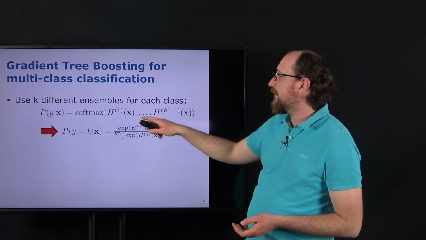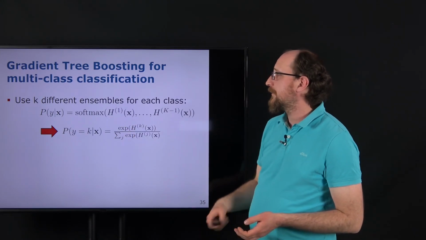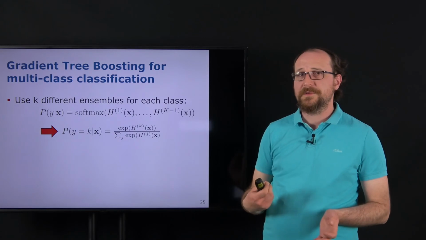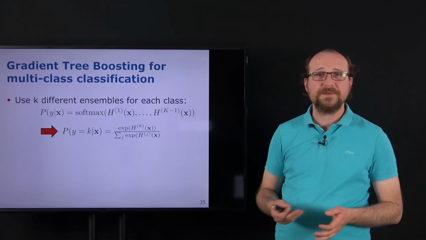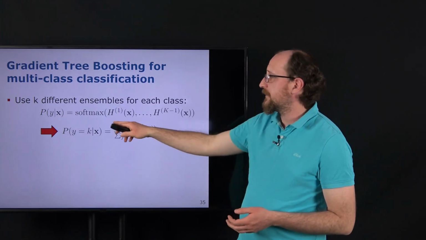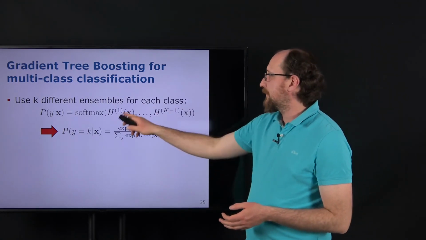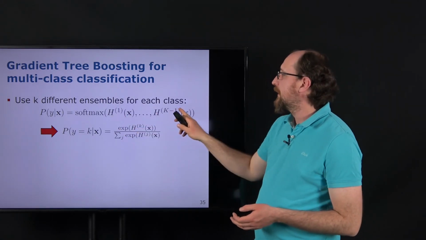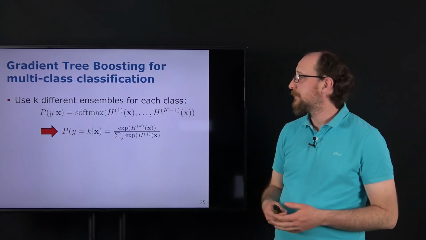In this case, we are not saying that the function has a specific shape, like in softmax regression, where we assume a linear dependency, theta transpose times x. We are just replacing this by individual ensembles that we learn for each class.